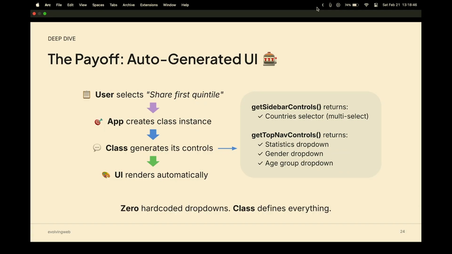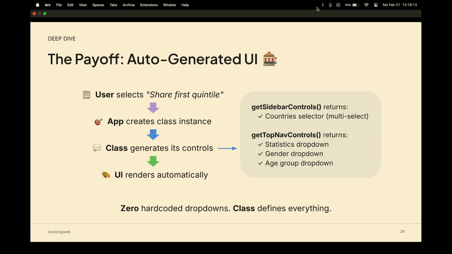For example, in the classes we have those two methods to render a list of controls. In our layout, we have a sidebar and a top navigation control. For this example, we're going to have on the sidebar the country selector, and on the top nav the statistic dropdown, gender, and age dropdown.